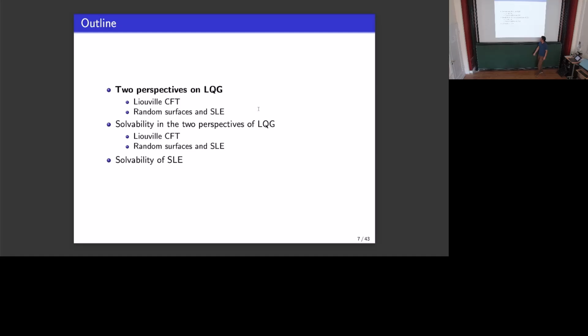On the other hand, when you look at the LQG from the random surface perspective, it is coupled with SLE, and then it describes scaling limits from planar maps, and that gives you a different source of integrability. You can get exact formulas coming from the discrete. And so you get these two orthogonal sorts of inputs, and when you combine them, you're able to deduce new things. And we'll see how to do that to get some kind of solvability of SLE, some exact formulas.